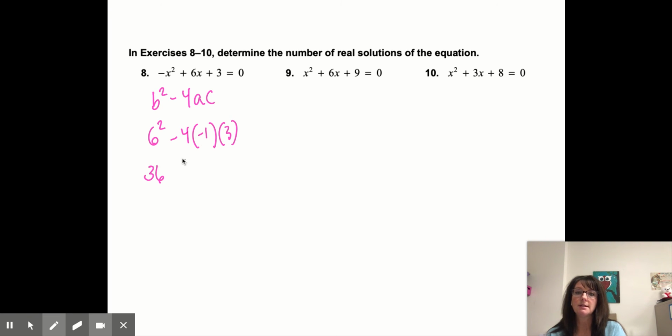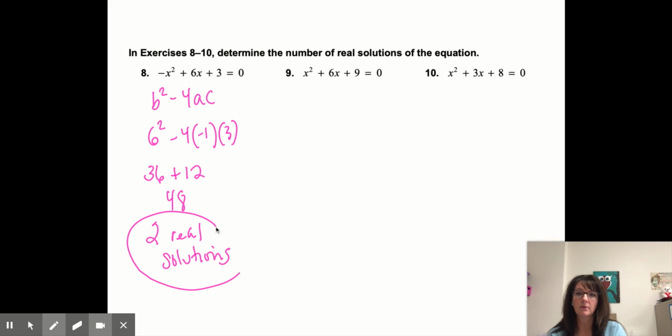So 36, and then 4 times 3, so plus 12. And 36 plus 12 is going to give us 48. 48 is greater than 0, so we'll have 2 real solutions. That also gives us 2 x-intercepts.